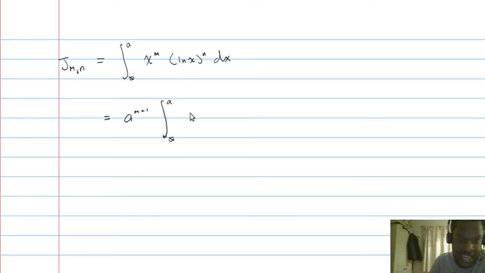So 0 to a of x divided by a to the m times, and I'm going to put here the natural logarithm of a times x over a, right? Because I want this new variable x over a, because we intend to divide the limit by a. Because 0 over a is going to be 0, and a over a is going to be 1, because we want our limits to be from 0 to 1.